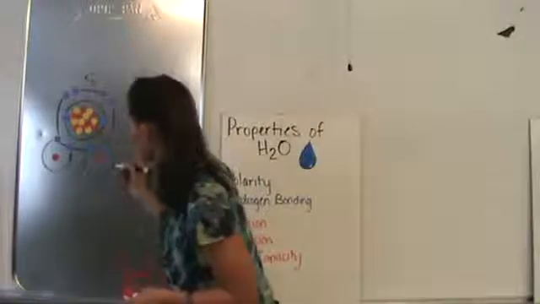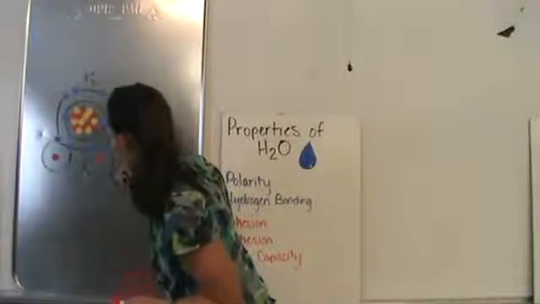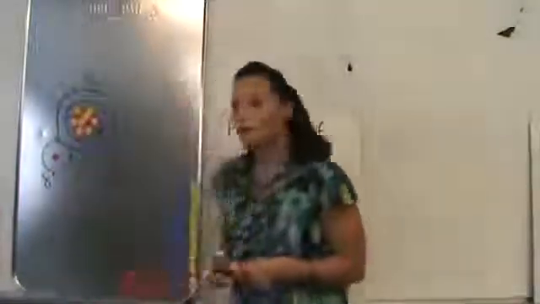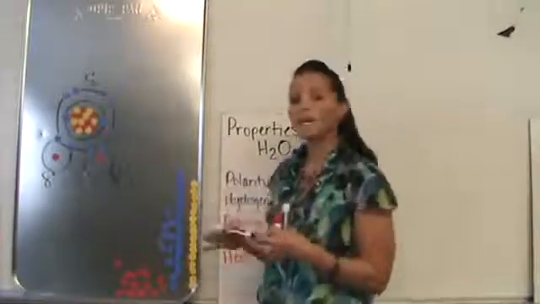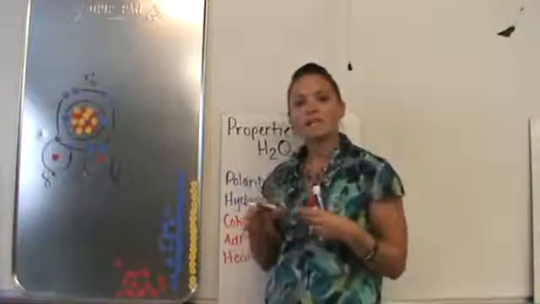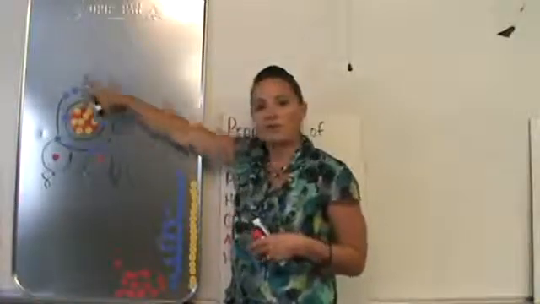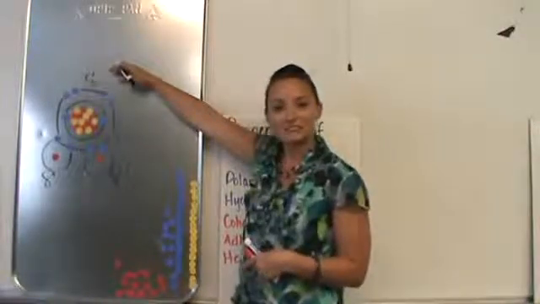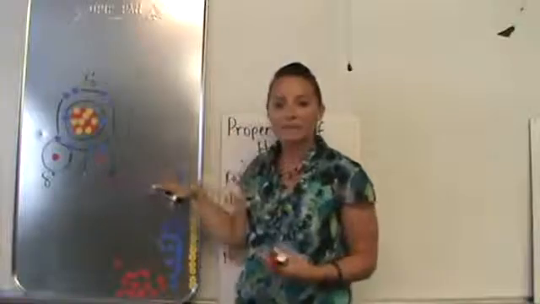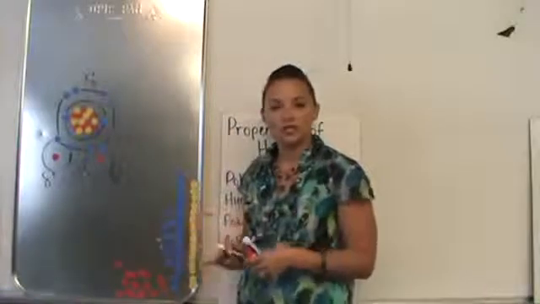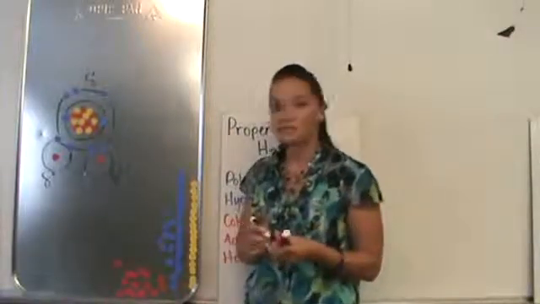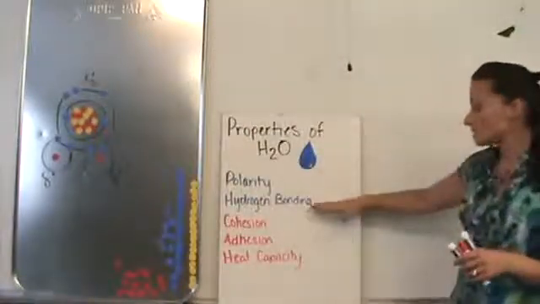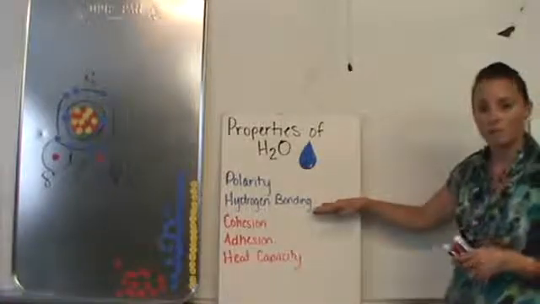So these protons areas are considered slightly positive. This makes the water molecule polar. It has one end that's slightly positive, one end that's slightly positive, one end that's slightly negative, and the entire atom or molecule is still neutral. So it's polar, but it's not charged.